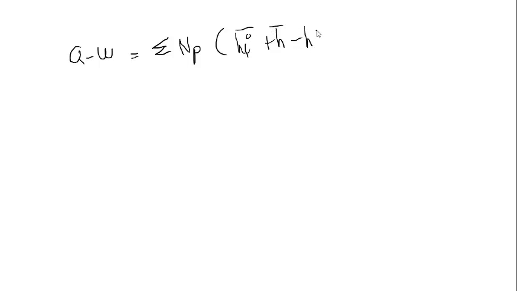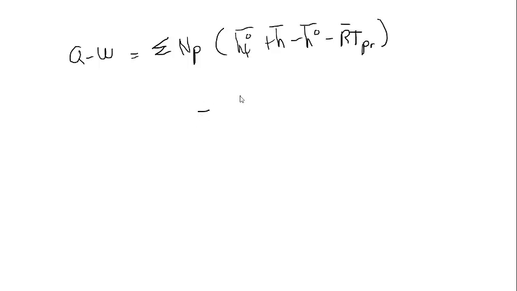There we go. And write out my first law analysis for a closed system. So Q minus W times the sum total of my number of moles of product, right? So enthalpy of formation plus sensible enthalpy minus the reference state. Since I'm dealing with internal energy, I need to include minus RT.